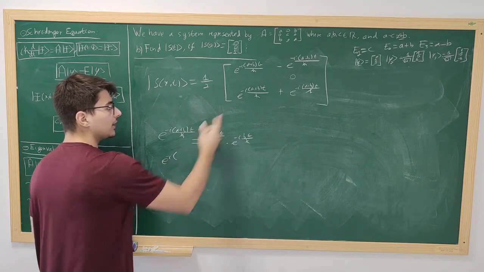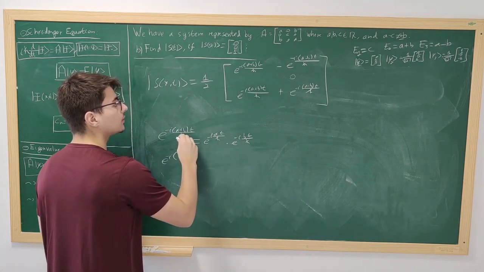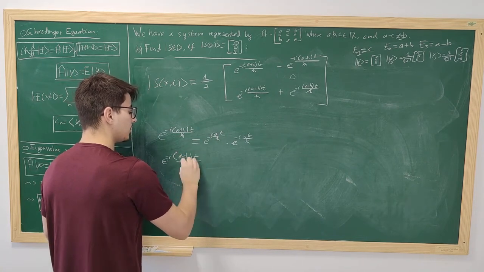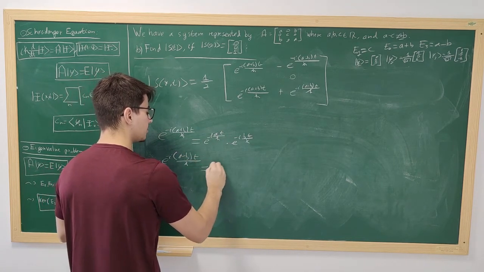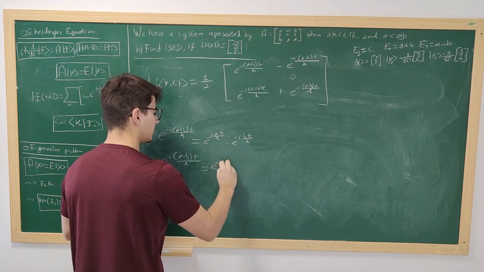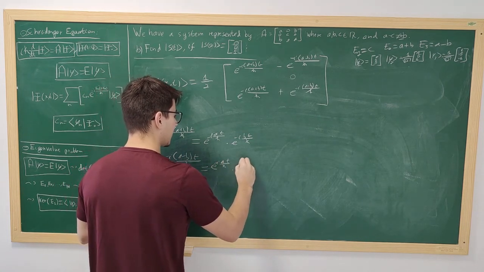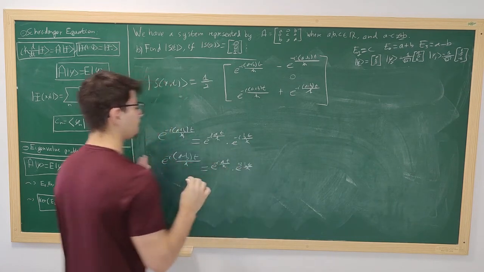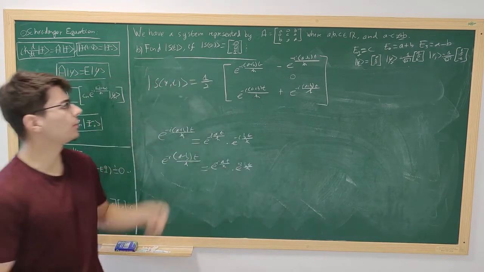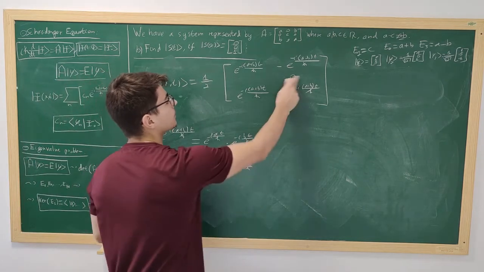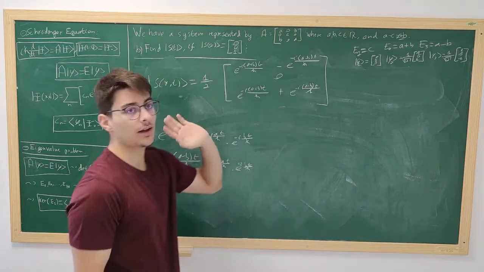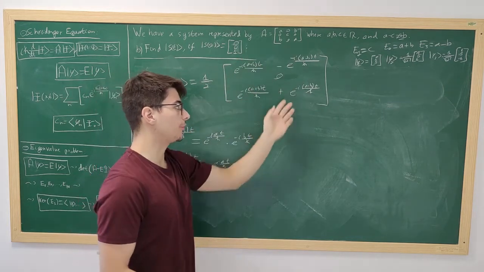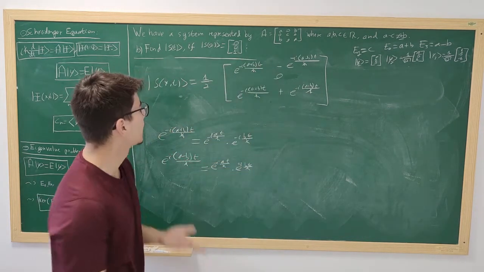Likewise, this term right here is a minus b, t over h bar, which is just e to the minus i a t over h bar times e to the plus i b t over h bar. This term is common in both terms of a vector. Just notice that this is a 3 vector. It's 1, 2, 3. It's not that we have various components, it's just that this is a long sum.